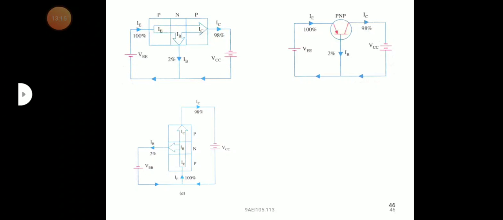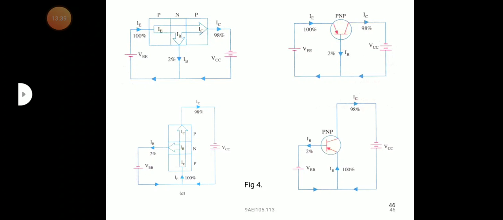A PNP transistor is taken. Whatever happens, 2% is lost here, 98%, and IE is 100%.